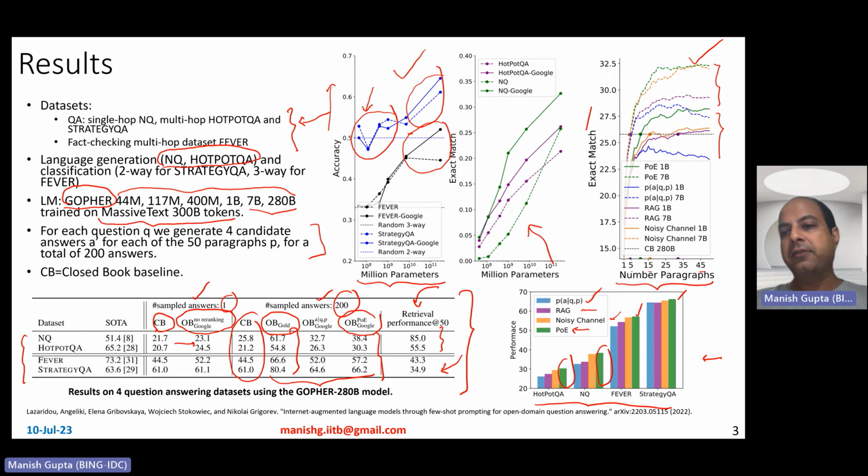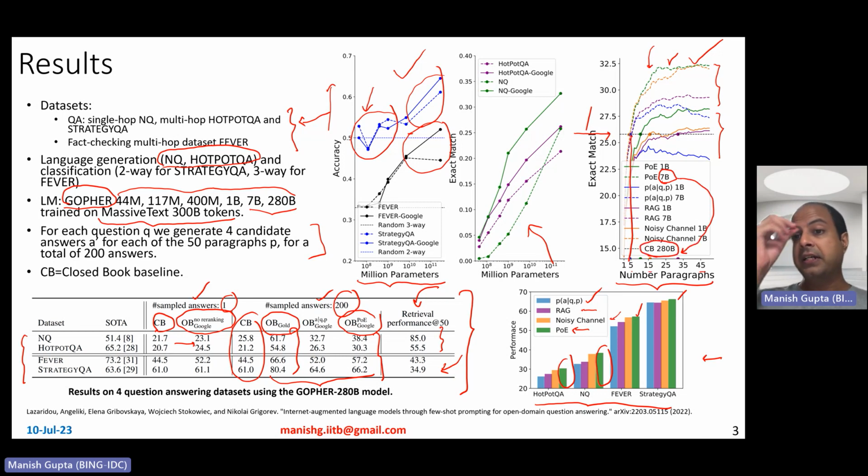And why are there 4 curves? The 4 curves indicate the kind of re-ranking mechanism used. And as you see, product of experts performs the best. The horizontal line is the closed book baseline. So what you observe is that if you're using the best re-ranking strategy, product of experts, then even 5 paragraphs taken as evidence from the internet augmentation are good enough to reach that kind of accuracy with a 7 billion sized model compared to a 280 billion sized closed book model.